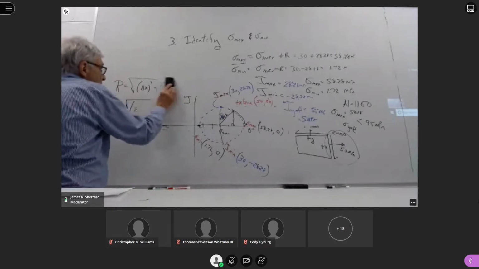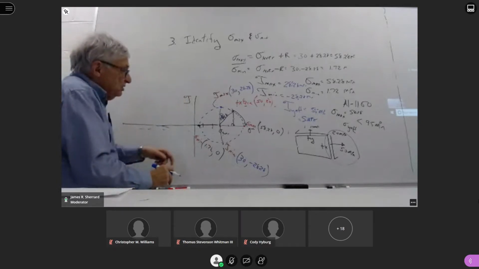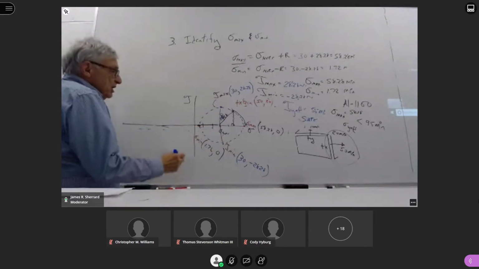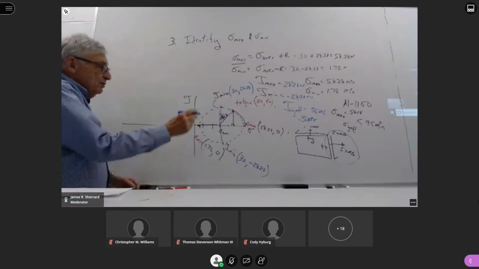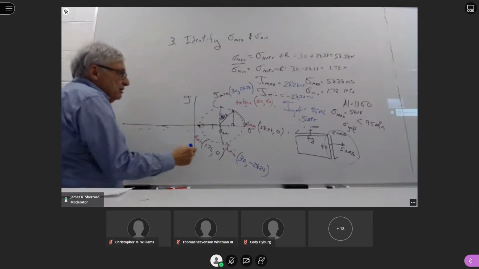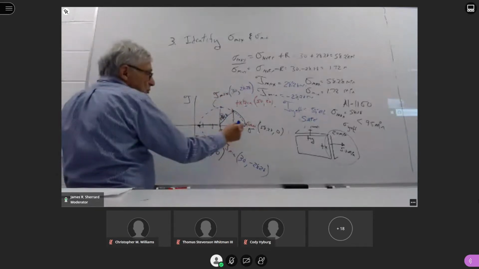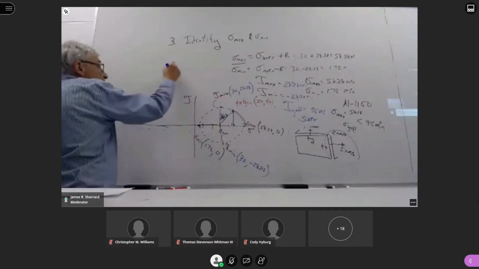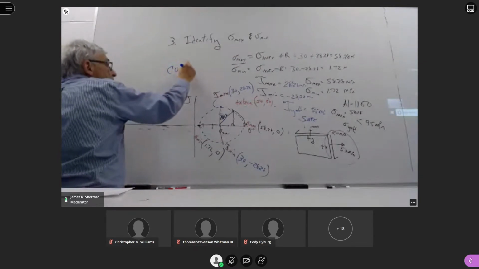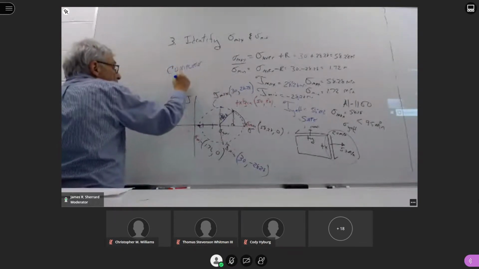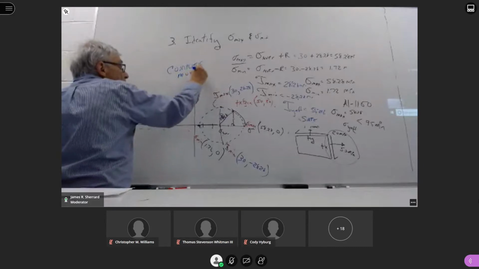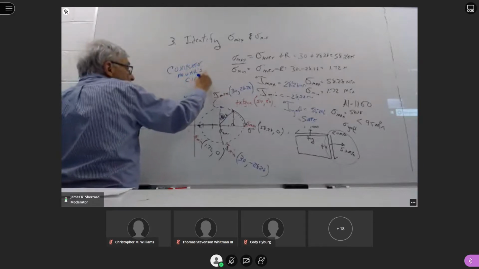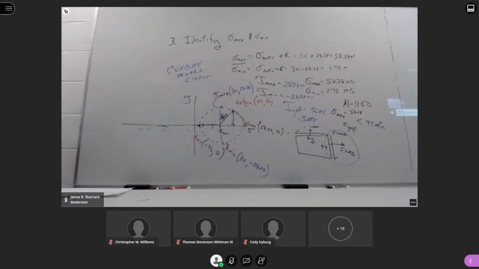this, which we have just sketched, because you've established a circle, and you've identified the points of interest, which is sigma max, sigma min, tau max, tau min. This is a complete Mohr's circle.